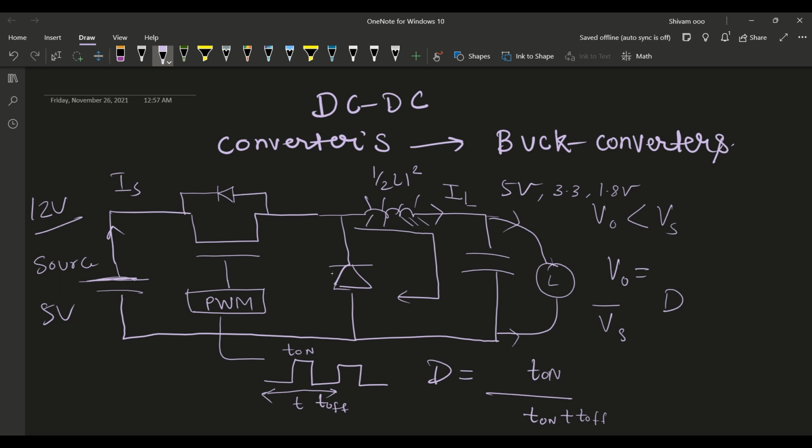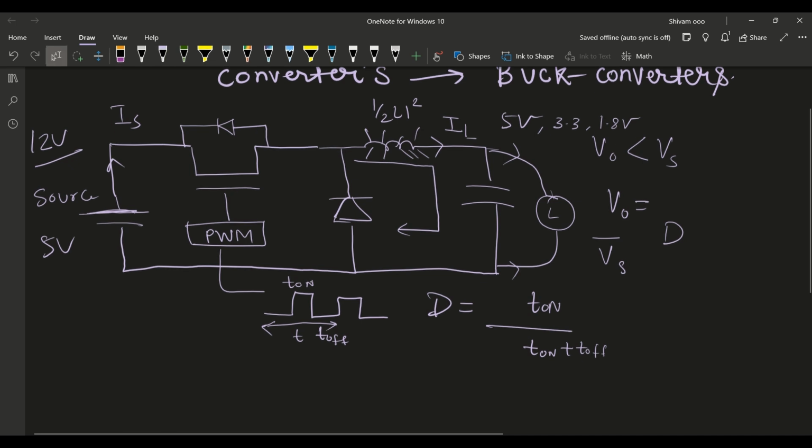We have multiple microprocessors or controllers that need smaller voltage, so from a higher voltage we can convert accordingly. I will show you an example of how it's used in a practical application. So let's go, I'll show you the image.